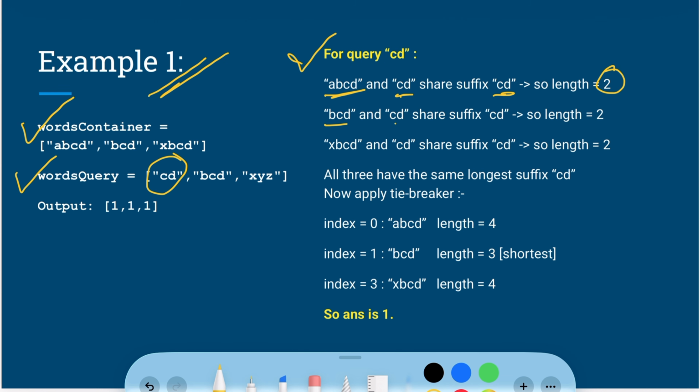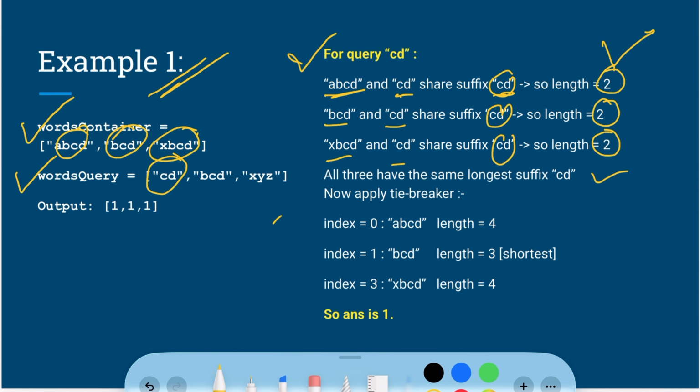Again, BCD and CD have the same thing, right? So in all of these cases, ABCD, BCD, XBCD, all contain the same CD, and its length is 2, meaning all have the same suffix CD and the same length.